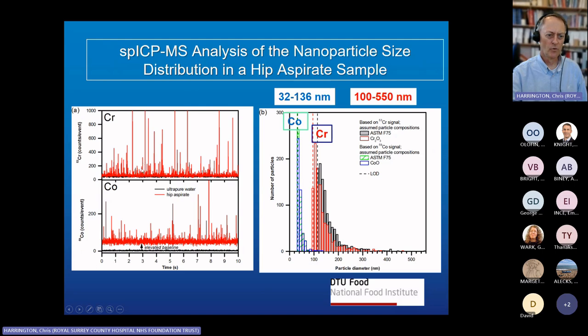So this is what we got when we looked at it. This is the raw trace of chromium and cobalt here, and you can see every one of these peaks is a particle that's gone into the instrument. And when we deconvolute these traces, we can basically work out a size distribution, and it worked out that these nanoparticles were down in this size range here for cobalt and this size range here for chromium.